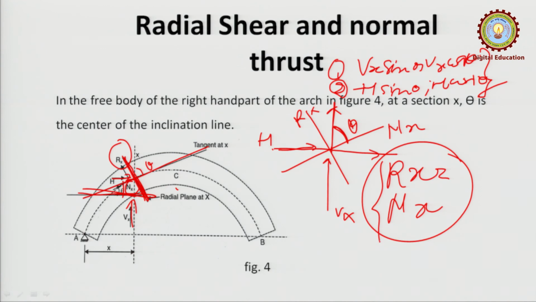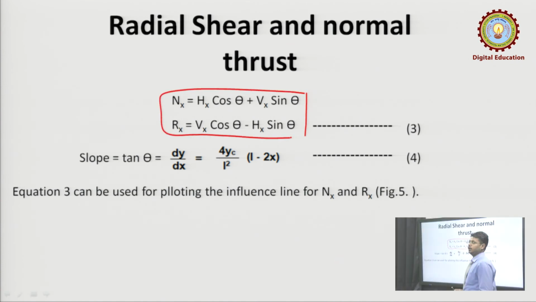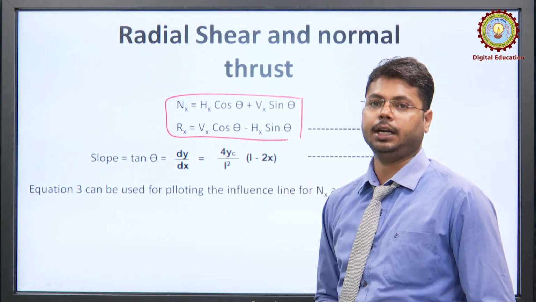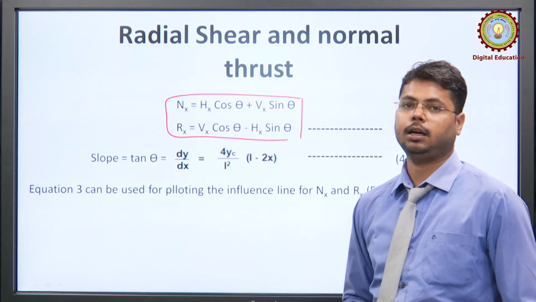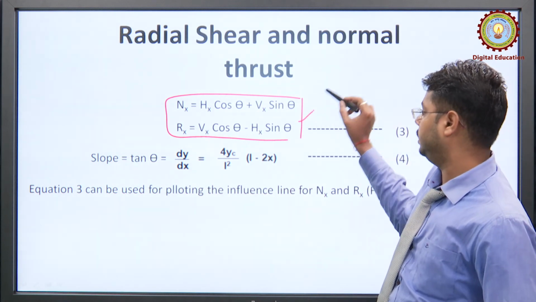By adding up the horizontal forces and vertical forces, you will get an equation of this form: for normal thrust, H cos theta plus Vx sin theta, and for radial shear, Vx cos theta minus H sin theta.